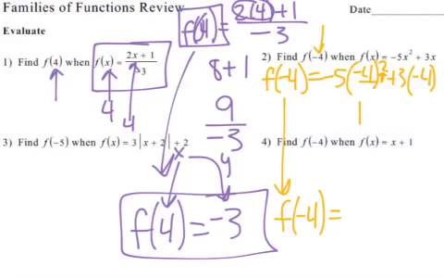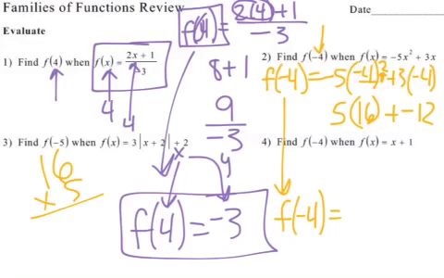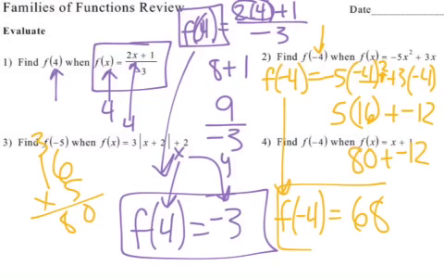So negative 4 squared is 16 times 5, plus 3 times negative 4 is negative 12. 5 times 16 is 80. 80 plus negative 12, so that's like 80 minus 12. That gives us 68 for our answer. Simple enough, right, guys?